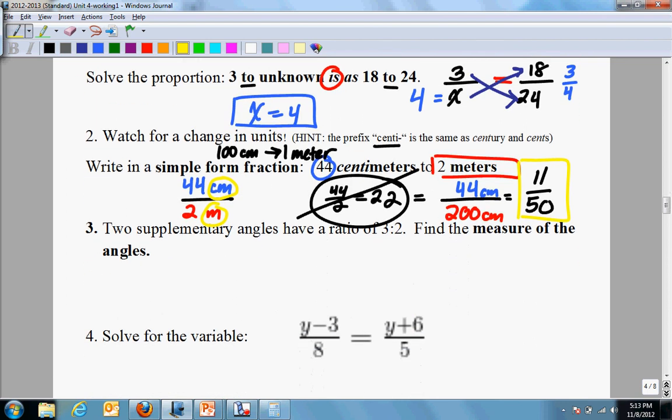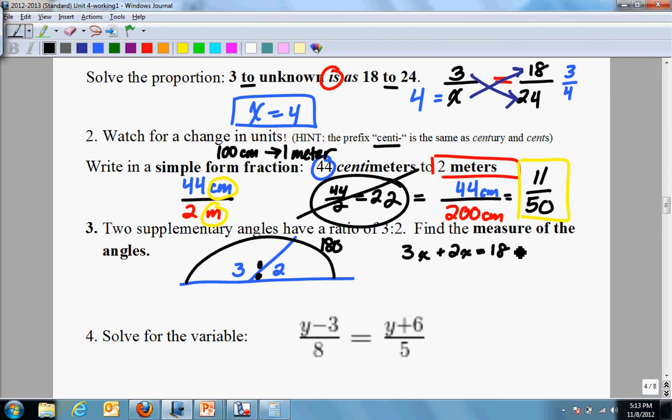Two supplementary angles have a ratio of 3 to 2. Find the measure of those angles. So what we have here is supplementary, and they have a ratio of 2 to 3. Or 3 to 2. That means they add up to 180. So what we have here is we have 3 of something plus 2 of something equals 180.